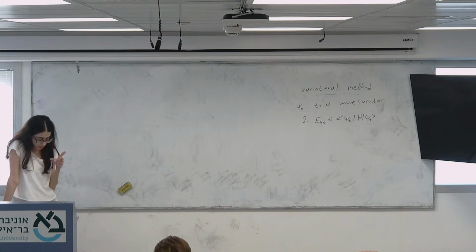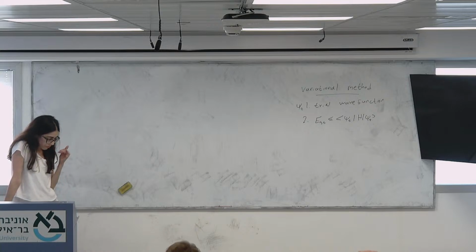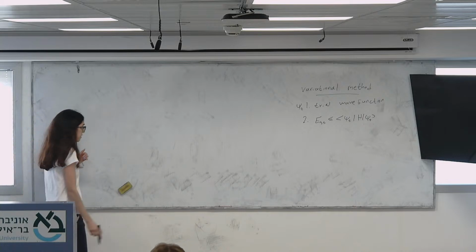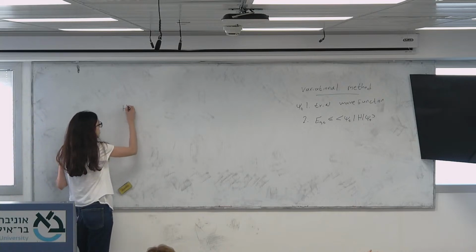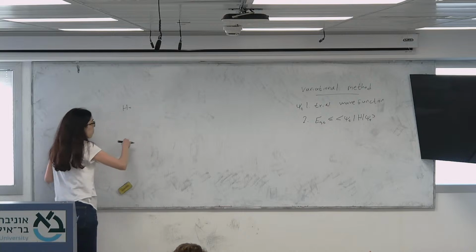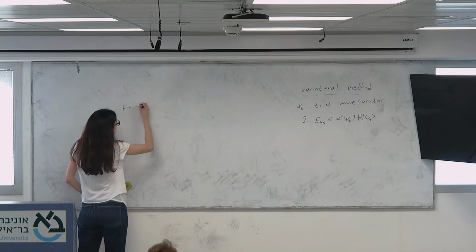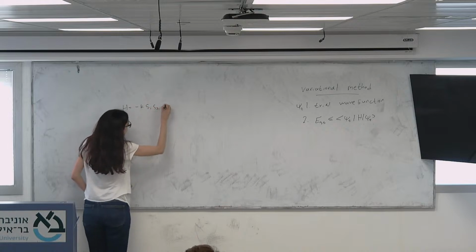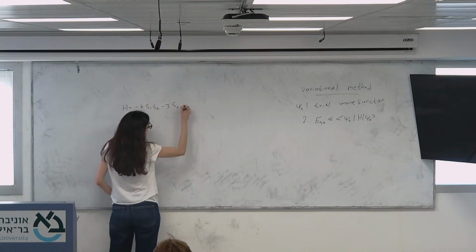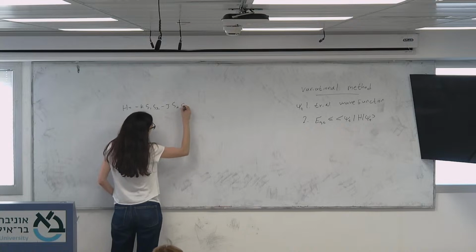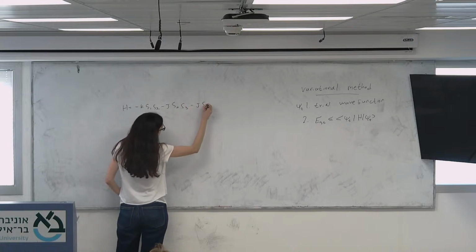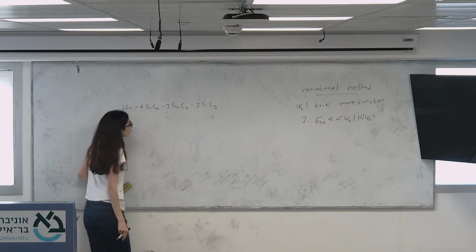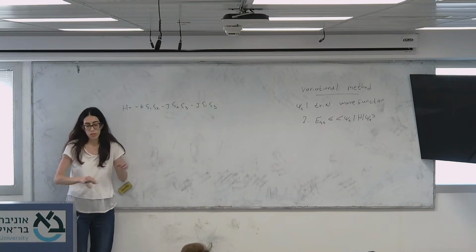The last thing is, we had earlier the Hamiltonian. I'm not sure those were the indices, but you understand the concept.